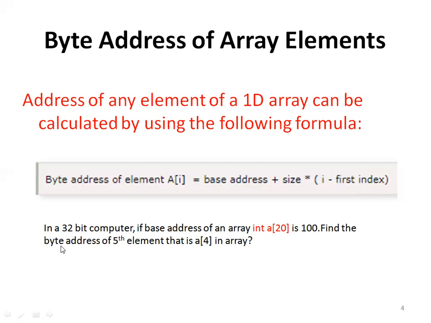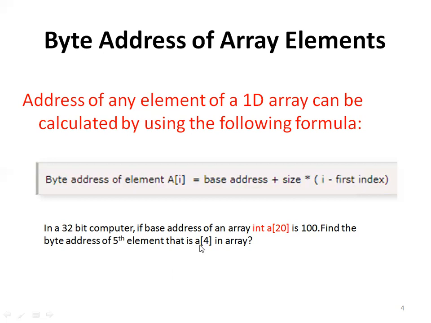So we can take one example. Suppose in a 32-bit computer, A is the array, and its base address is 100 byte. And it is asking to find the byte address of the fifth element, that is A[4] in the array. The fifth element is A[4] because here we are using the C programming language.